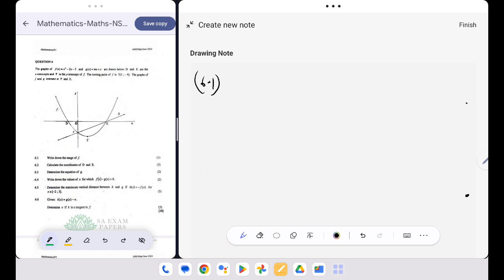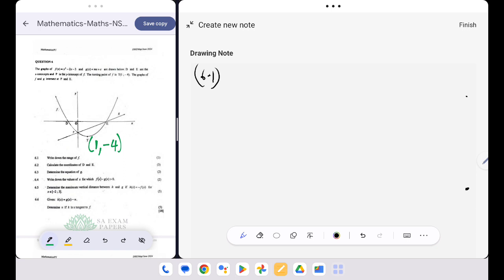The graph of f and the graph of g are drawn below. D and E are the x-intercepts and P is the y-intercept. The turning point of f is T and y is negative. Okay. The graph of f and g intersect at P and E.